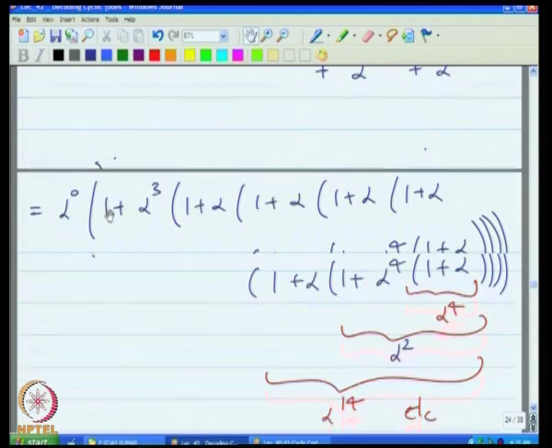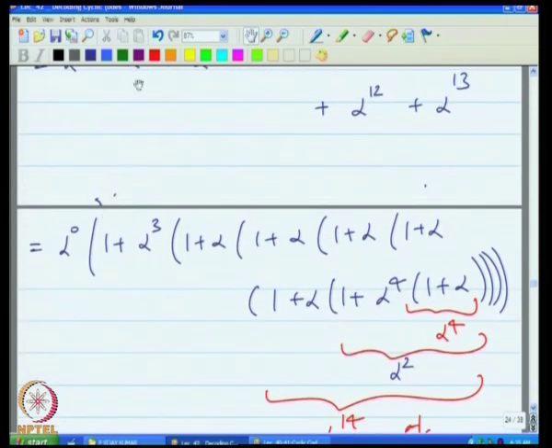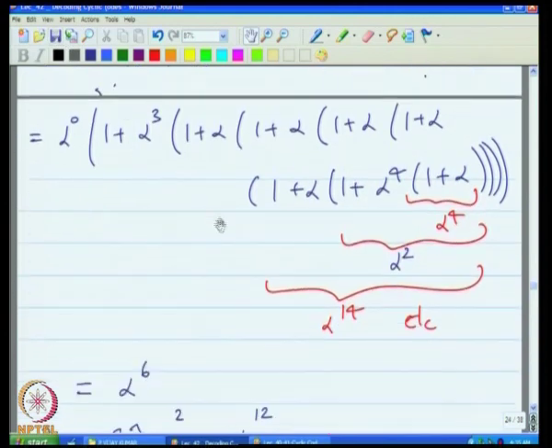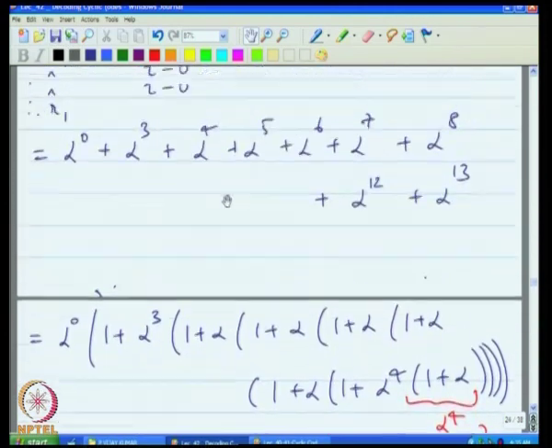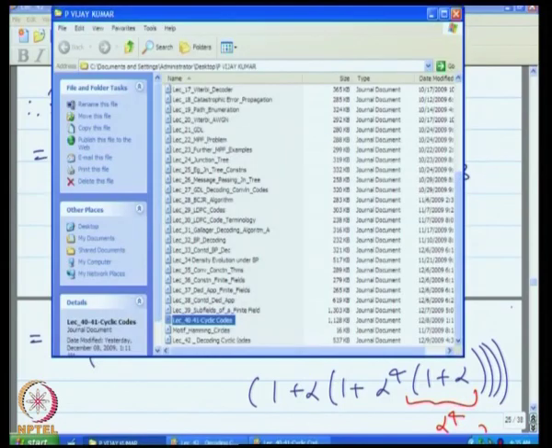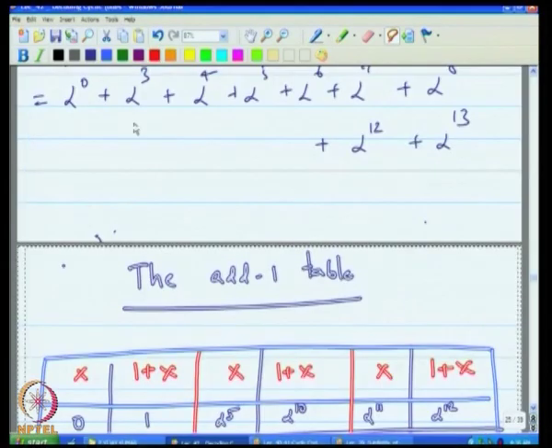Now, in case you are wondering how you actually do this, so there is no mystery here, we went through this before. Perhaps what I will do is pull up the add1 table from a previous lecture. So here is the add1 table.